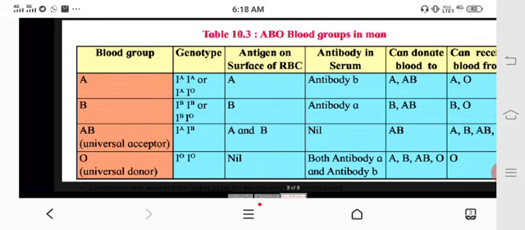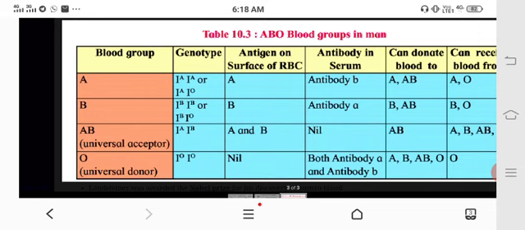Now the third blood group is AB, also called the universal acceptor. The person with blood group AB has both the antigens, antigen A and antigen B, and the antibodies, antibody A and antibody B, are absent in the plasma.